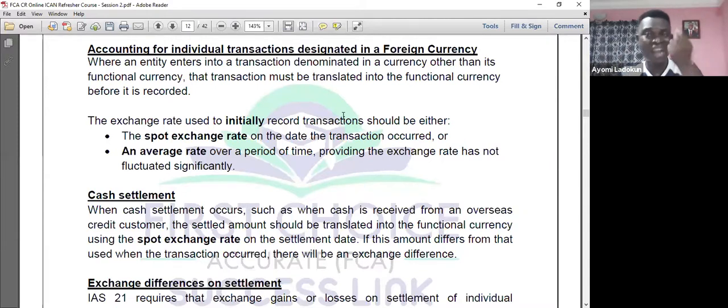That's what we call cash settlement. IAS 21 says when cash settlement occurs, for example, I paid or received cash from an overseas credit customer, I must also retranslate to my functional currency using the spot exchange rate on the settlement date.